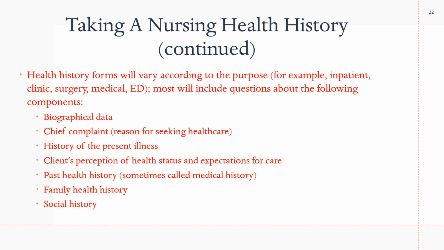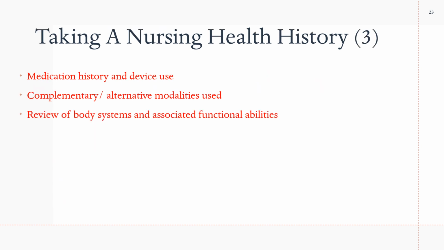Past health history, and this is sometimes called the medical history, the family health history, social history, medication history, whether they use any devices. Do you use CPAP at home? Do you have sleep apnea? Do you use oxygen at home? Are you insulin dependent? Do you have an insulin device? Complementary alternative modalities.